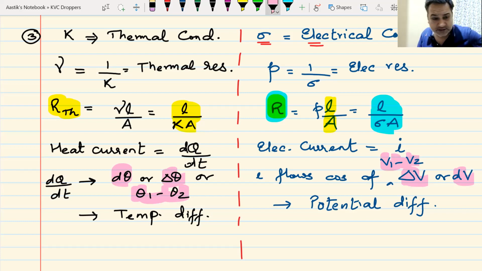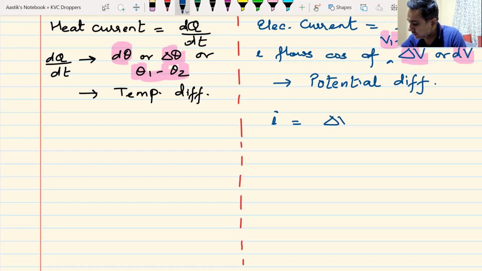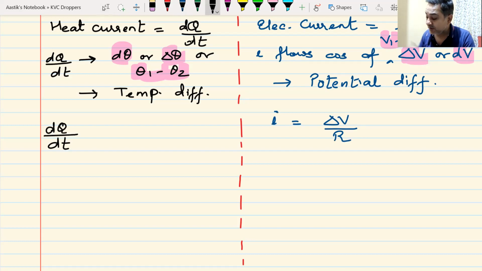You are writing. Now I come to the point where I write Ohm's law. I hope everyone remembers Ohm's law. Electric current I is equal to delta V, the difference in potential, divided by R. I can write heat current in the same fashion. dq by dt, which is my heat current, will be equal to delta theta divided by R thermal.